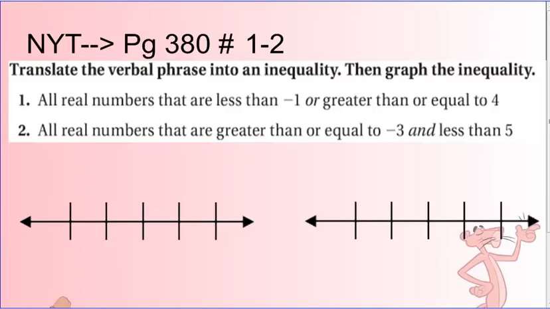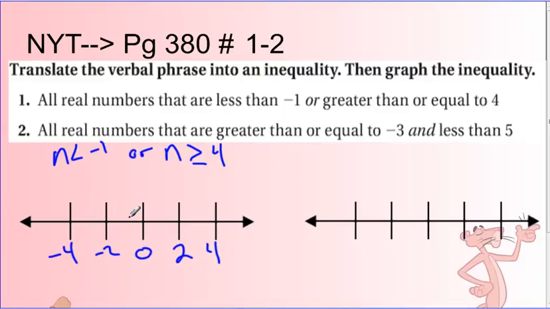Okay? So let's see. Number 1 says all real numbers that are, so numbers that are less than -1 or greater than or equal to 4. 0, 2, 4, -2, -4, -1 is right there.